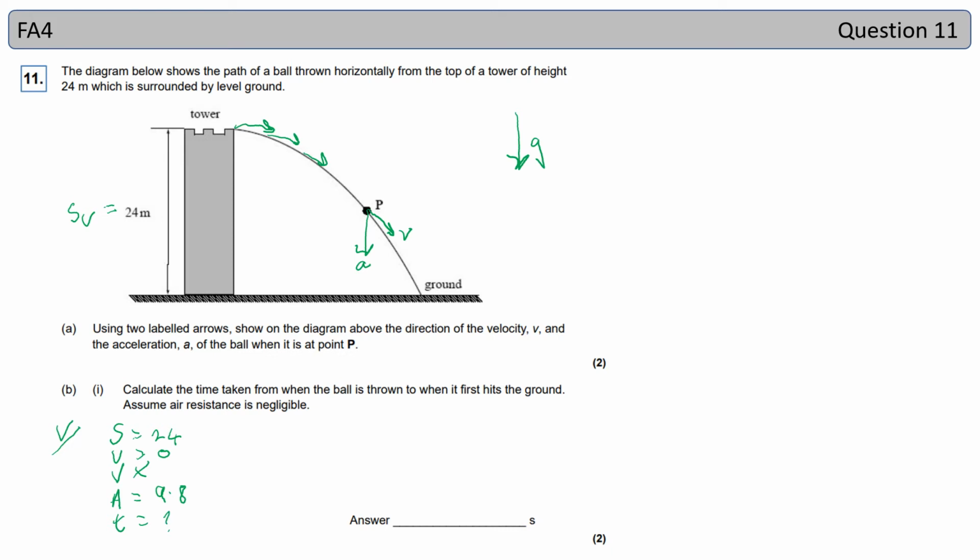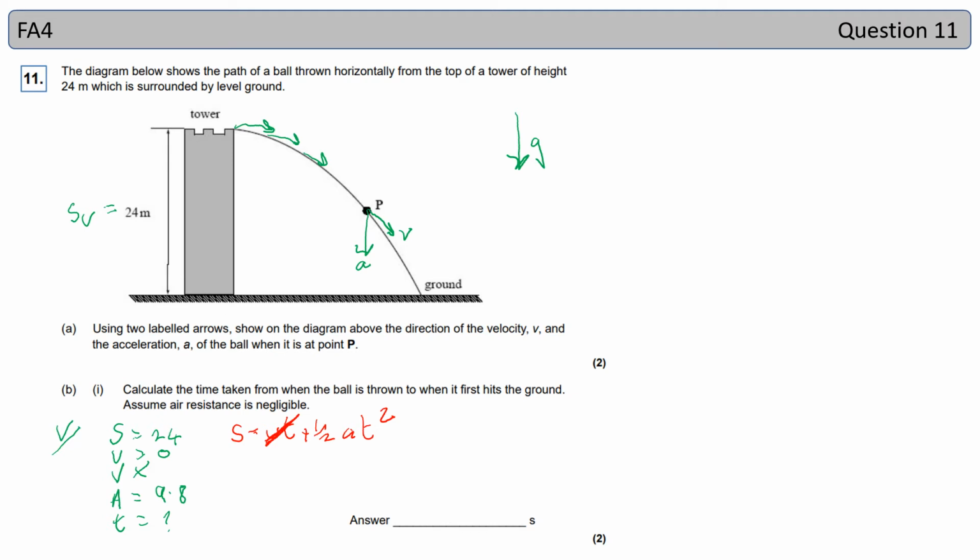So we need to pick an equation that has s, u, a and t in, and the best one to use for this is s = ut + ½at². This section here is going to disappear because our initial velocity is 0, so s = ½at².